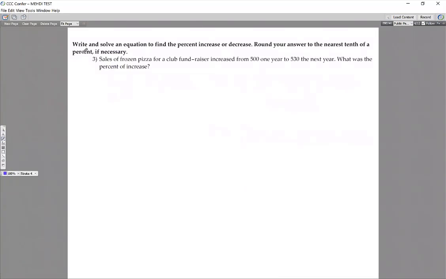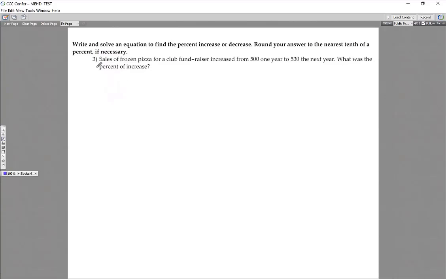For number 3, we're told to write and solve an equation to find the percent increase or decrease. Round your answer to the nearest tenth of a percent if necessary. Number 3, sales of frozen pizza for a club fundraiser increased from 500 one year to 530 the next year. What was the percent of increase?